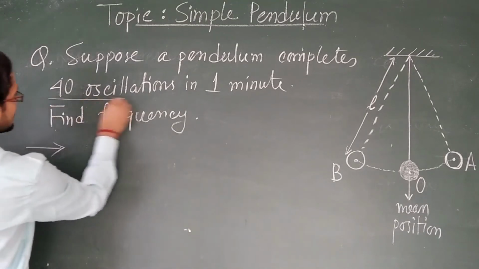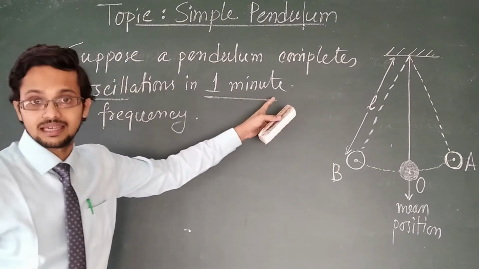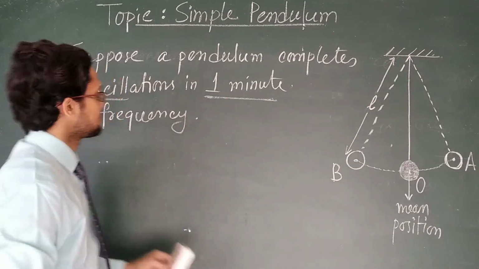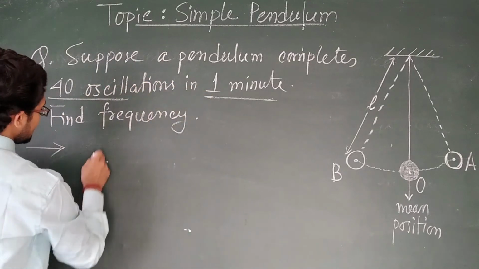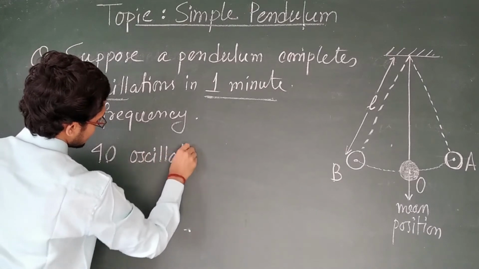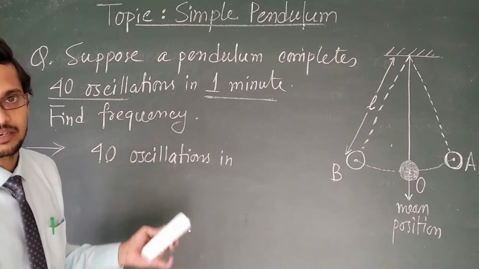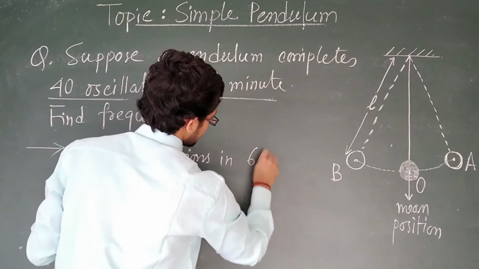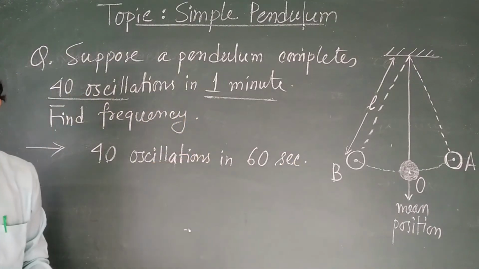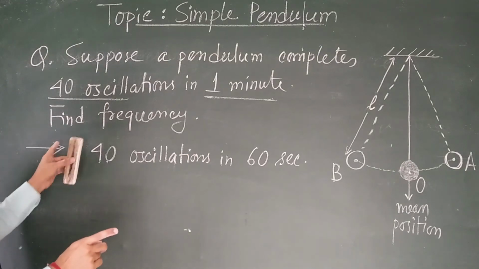Here it is given 40 oscillations in 1 minute. Time is given in minutes, but we have to find the time in seconds. 1 minute means how much? 60 seconds. So 40 oscillations in 60 seconds. We have to find frequency.